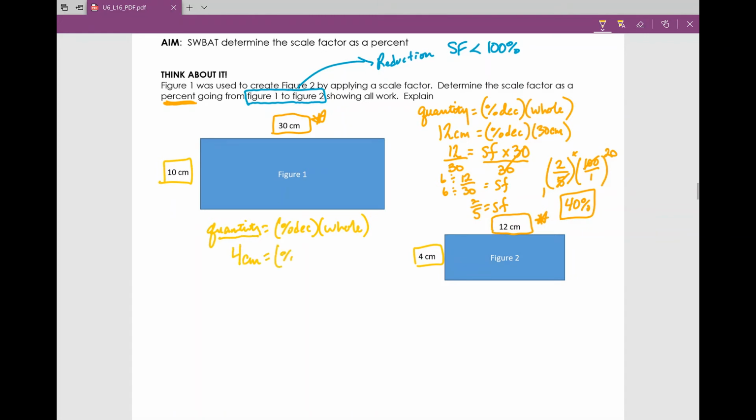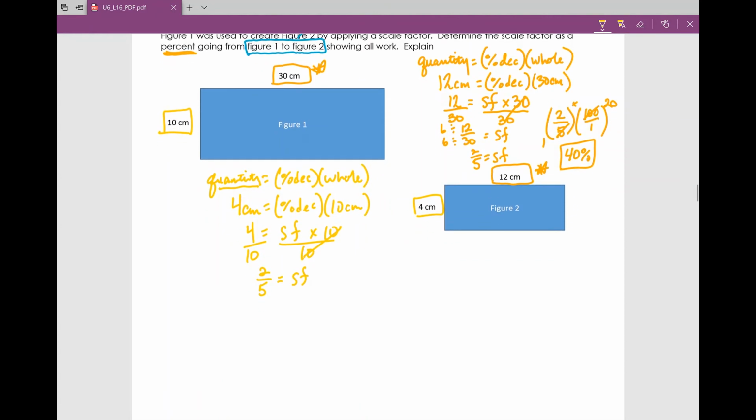Then we don't know what the percent as a decimal is. And our whole, our original, is 10 centimeters. Let's slim it down, take out the units, and we have a scale factor times 10 should be 4. Divide both sides by 10. We get our scale factor equal to 2/5. Great. And now to make it a percentage, we need to multiply it by 100. And since we did it all the way over here, with 2/5, it's just also going to be 40%.